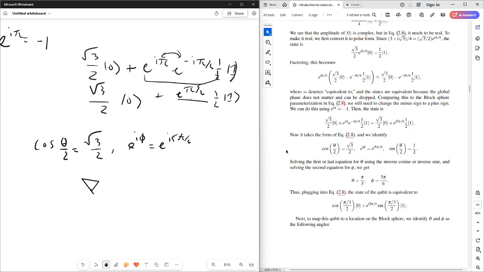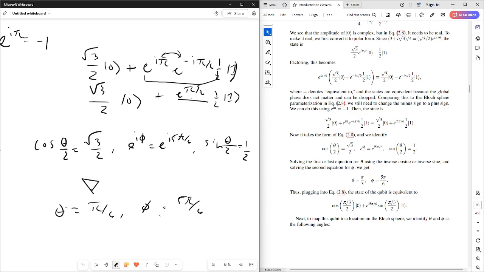And sine of theta over 2 equals 1/2. Excuse me. So we solve, right? We're going to try to solve to figure out what gets us here. So we solve for theta, and theta is equal to pi over 3, and this guy, 5 pi over 6.